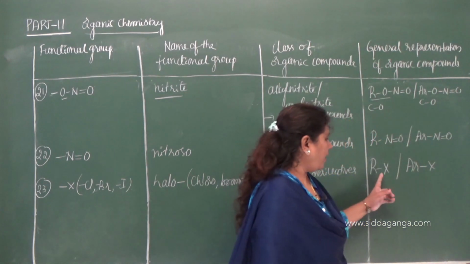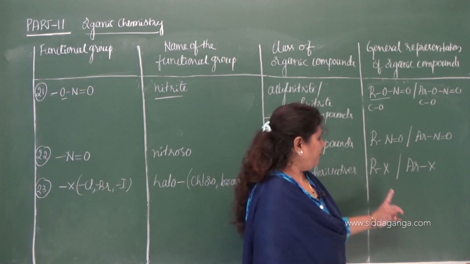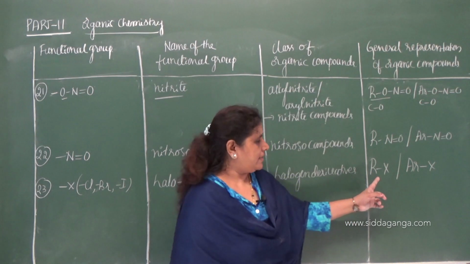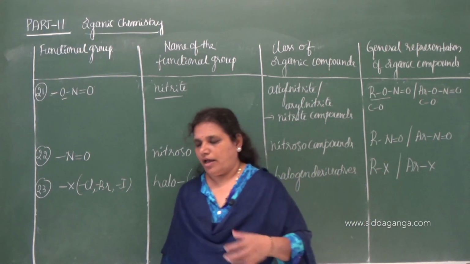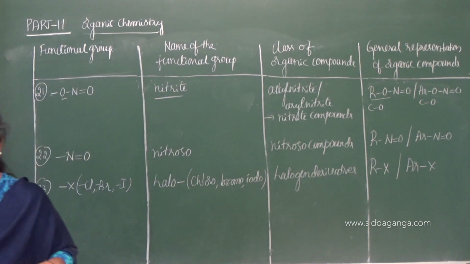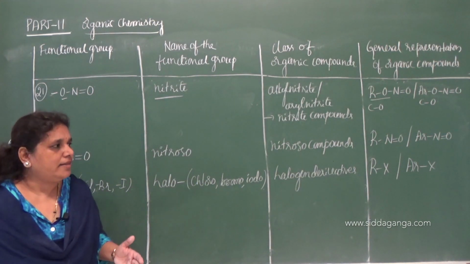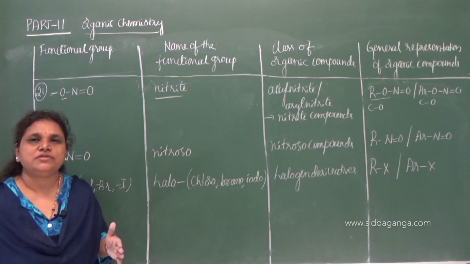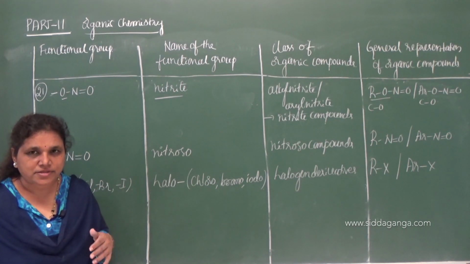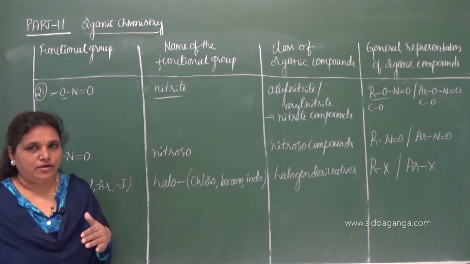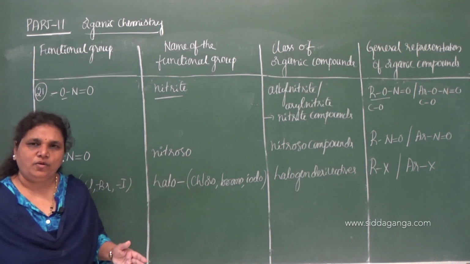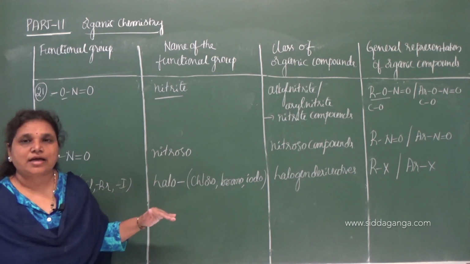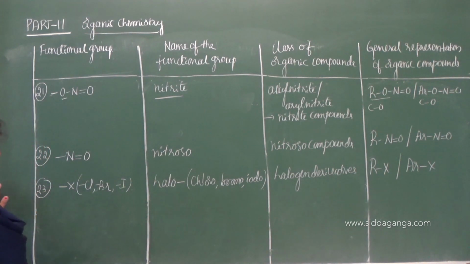So alkyl halide, aryl halide. If it is attached to an alkyl group, then it is an alkyl halide. If it is attached to an aryl group, then it is called an aryl halide, or haloalkanes, haloarenes. Another name for aromatic hydrocarbons is arenes. Hence, they are haloalkanes or haloarenes. So this is about the class of organic compounds based on the functional group.